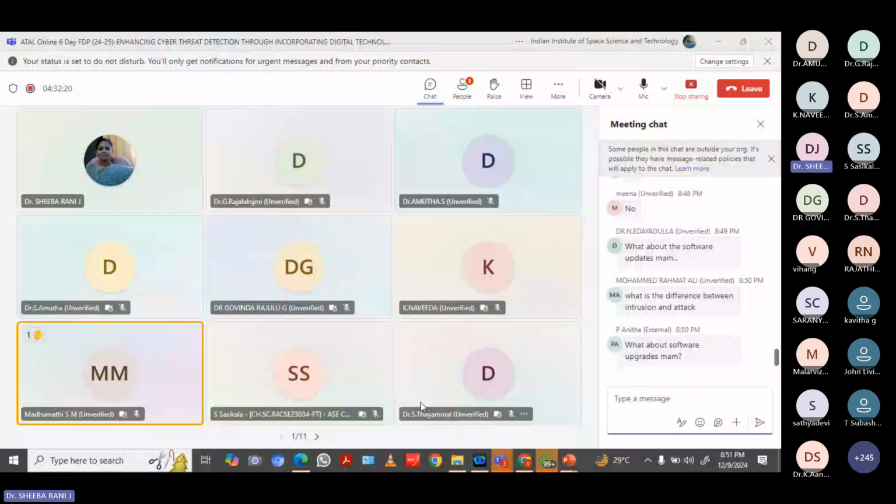So intrusion and attack. Intruders will intrude and do something, and after doing something, the attack will happen. So first they have to intrude, then attack.